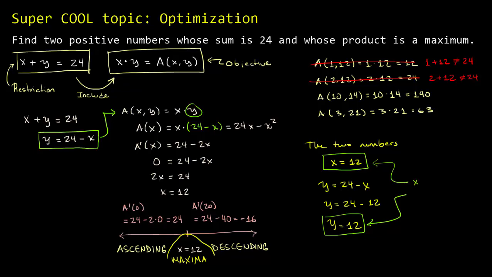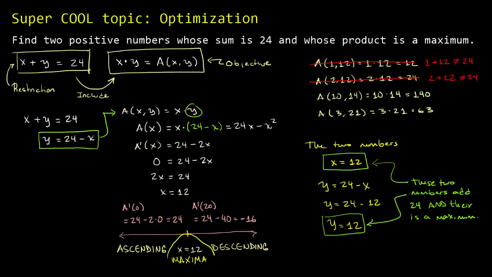So what this is telling us is that x equal to 12, I would say that these two numbers add to 24 and their product is a maximum. There it is. So this is actually the answer.